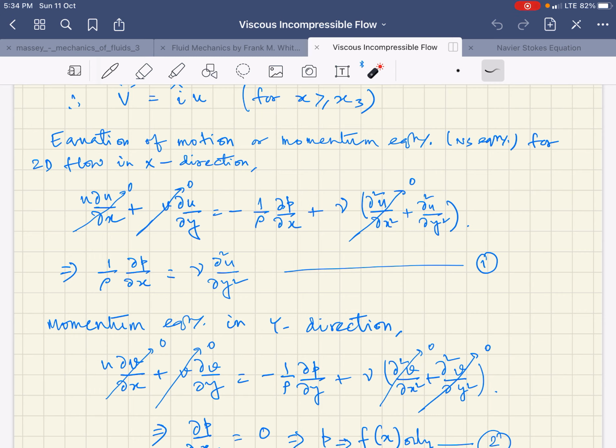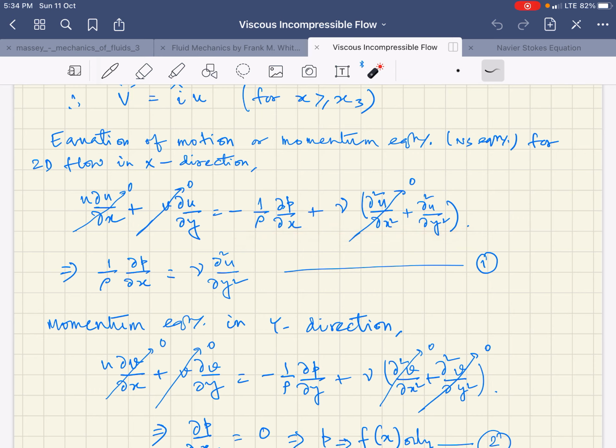In the x direction, it is u del u del x plus v del u del y is equal to minus 1 by rho del p del x, that is the pressure gradient term, and the viscous term as this nu, that is the kinematic viscosity, mu by rho, and the bracketed term is del 2 u del x2 plus del 2 u del y2. Here the body force term, that is fx, is not being considered in the direction of flow. Okay.